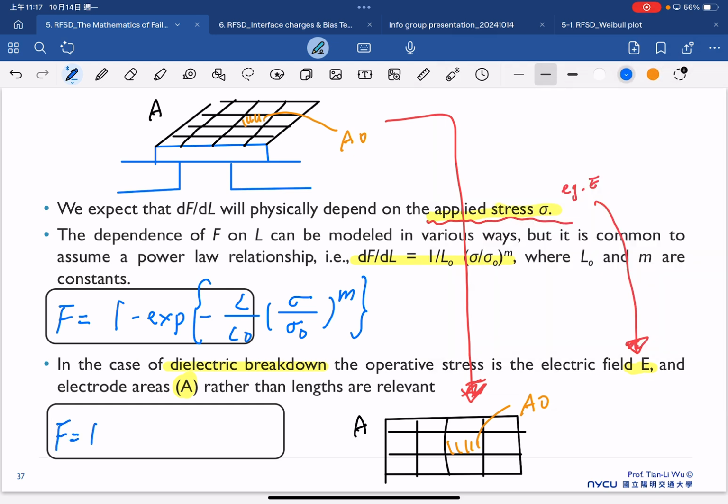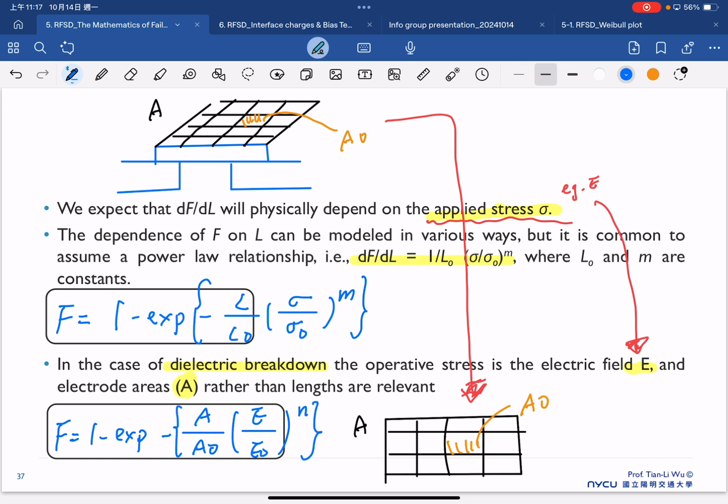F is equal to 1 minus exponential of minus A over A0, bracket. Now, because our stress is the electric field, E over E0 to the power n.